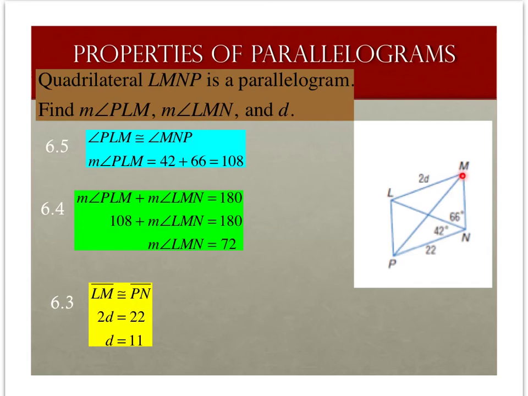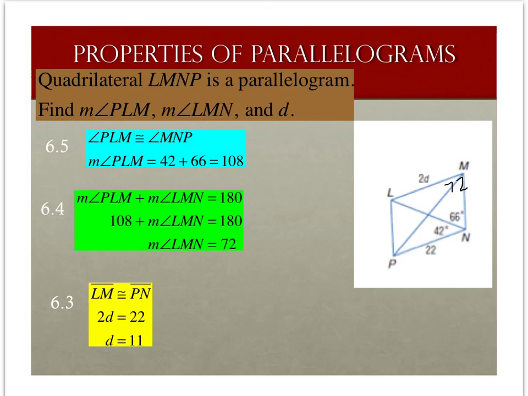So PLM plus LMN equals 180. I've already said that PLM equals 108, so I subtract 108 from 180, and I know that LMN equals 72. So this angle is 72.